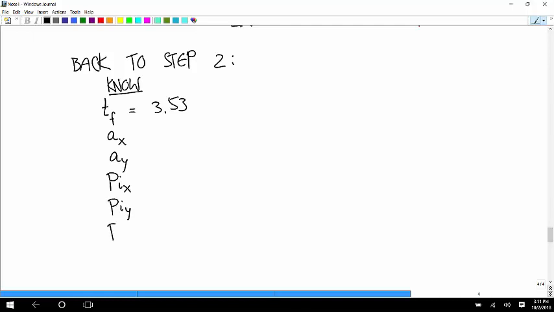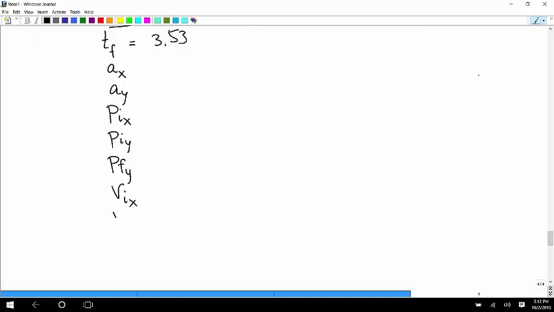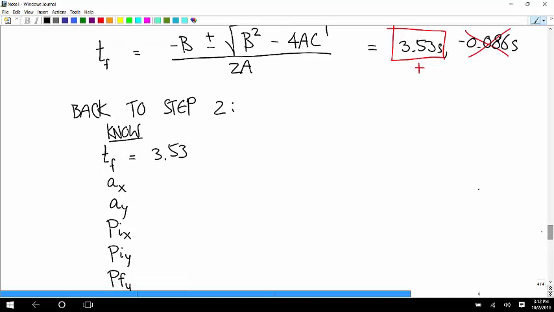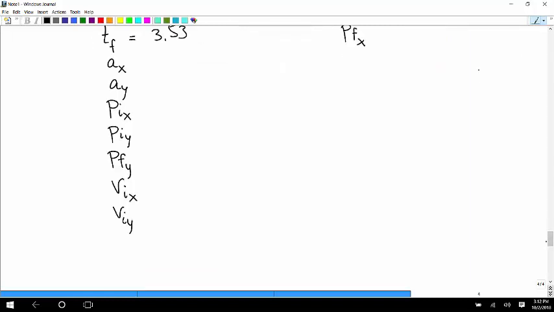We know the y component of the final position. And we know the initial velocity. And we're trying to find PFX. So now look again to see if there's an equation that works. And this time, now that we know TF, this one will work.